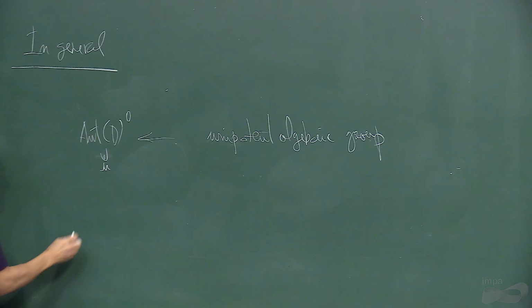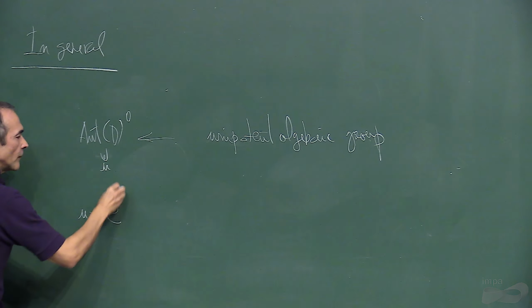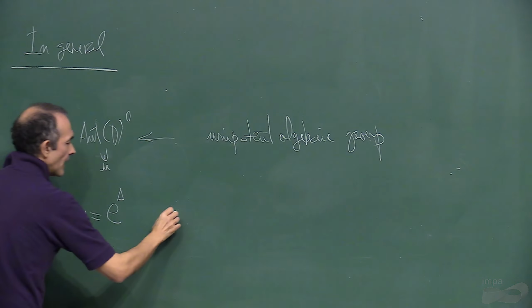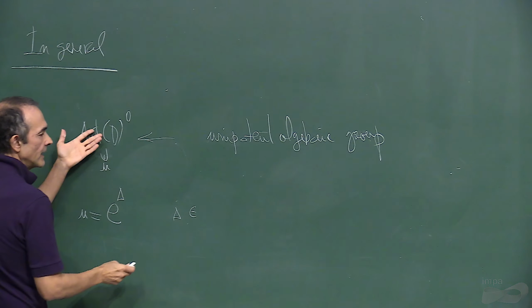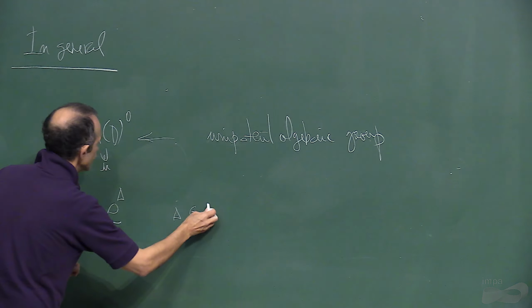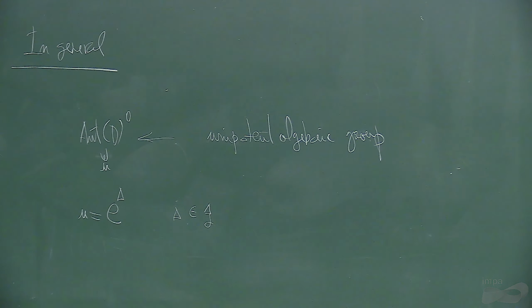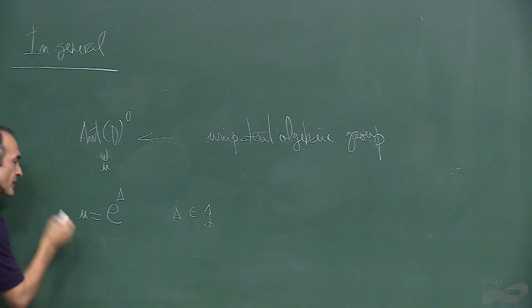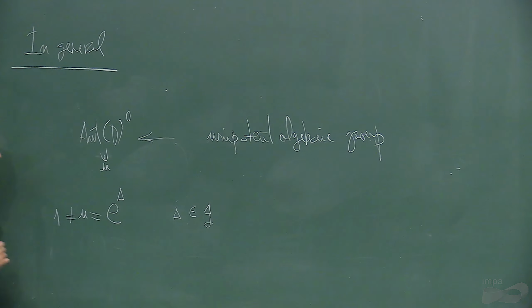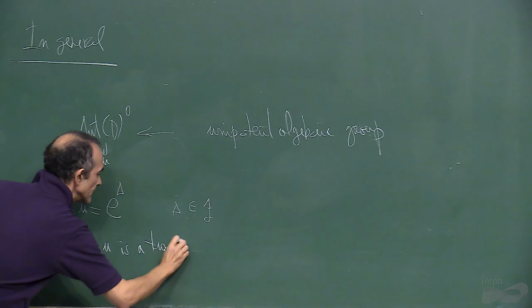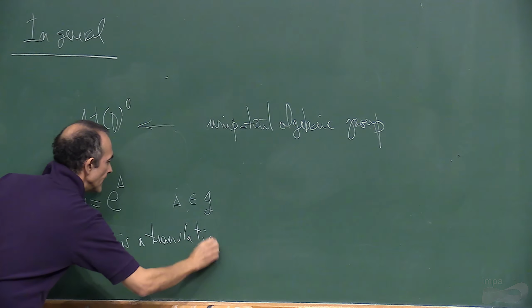An element here is, in fact, the exponential of a locally nilpotent derivation, that one may consider as an element in the Lie algebra associated to this group. And then the question is, in general, when this is different from the identity, if this is a translation.